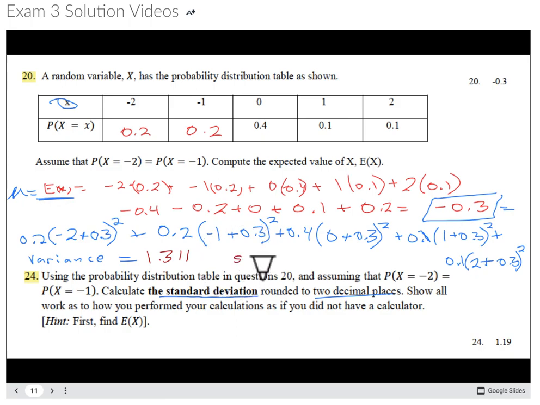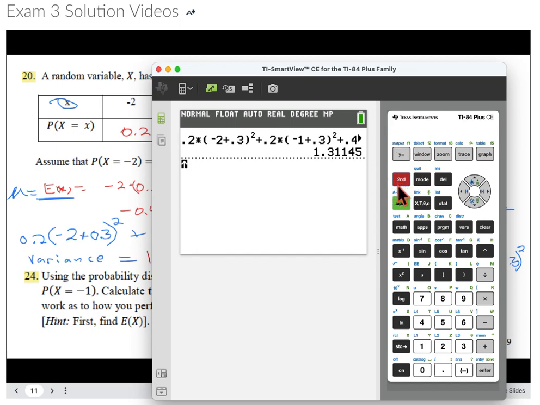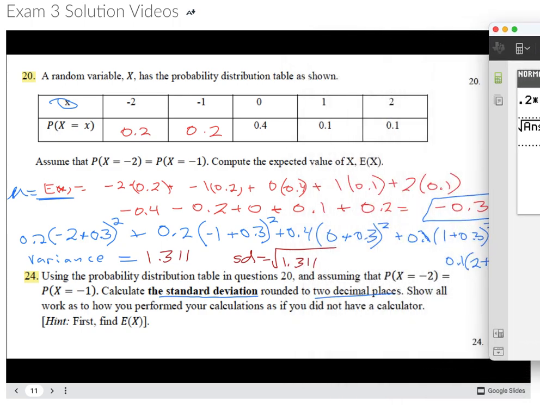And then to get the standard deviation, we need the square root of 1.311. So we will go ahead and get that. Square root of the answer, not entry, answer is a shifted negative sign, brings it in. Hit enter. 1.14 to 2 decimal places, rounded up 1.15.